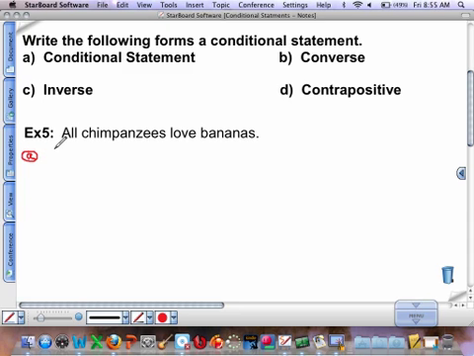So Amber, what would be my conditional statement based on that information? If there's a chimpanzee, then it loves bananas.